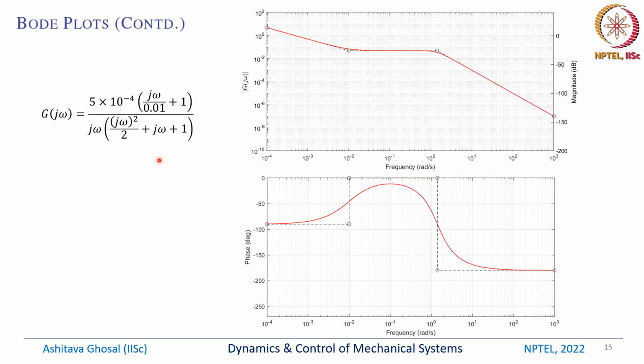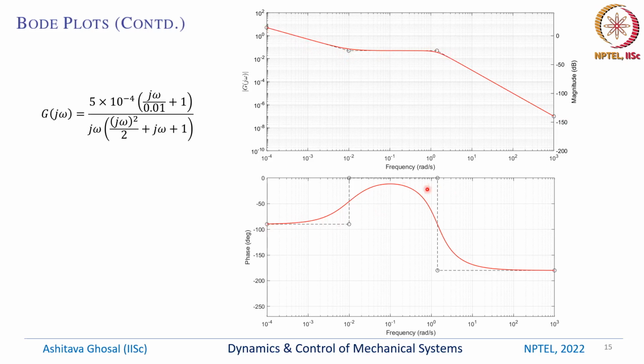Now let us look at what happens when we add the second order term. The second order term is in the denominator, and its magnitude goes as minus 40 dB per decade. Again we can find a breakpoint here, and then plot the magnitude. So the total of the first term, the first order term and the second order term gives a magnitude plot which looks like this: first part, second part, and third part.